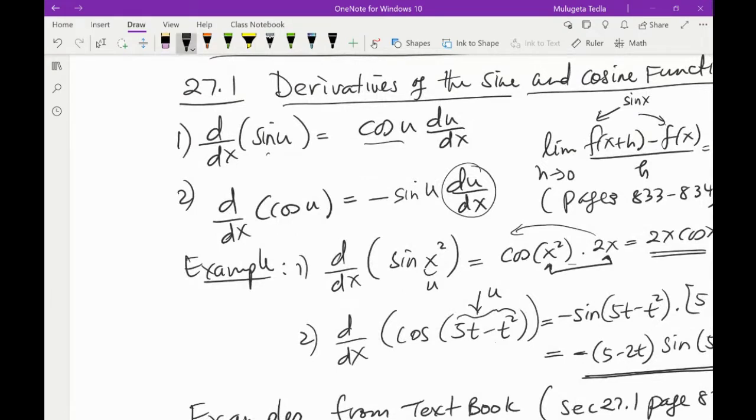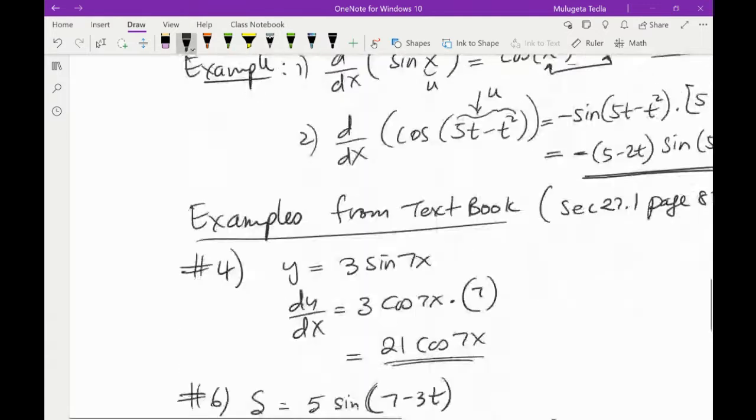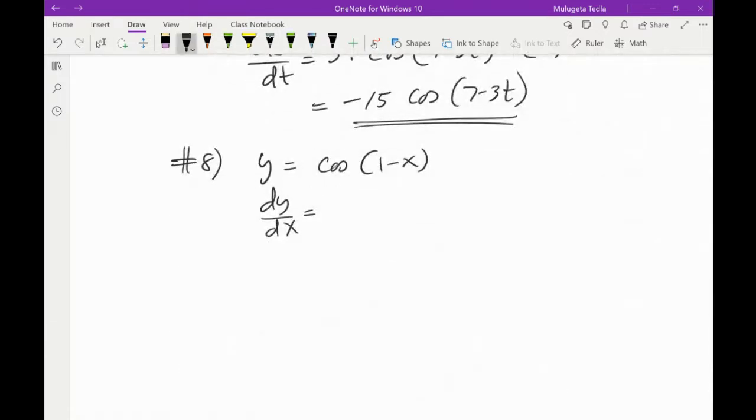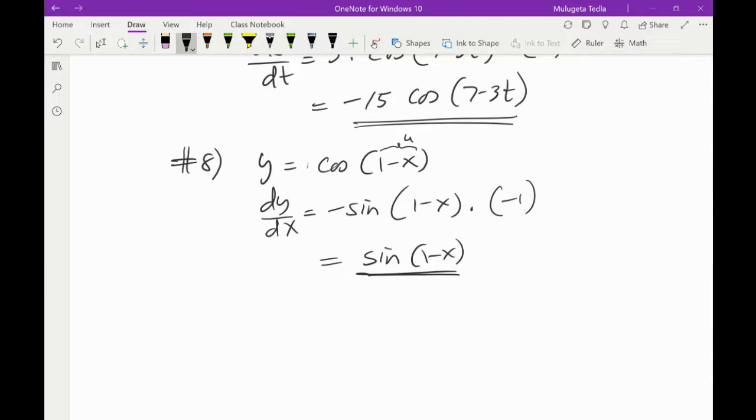First step, minus sine of the angle, and second step, multiply by du by dx. So minus sine of the angle, which is 1 minus x. This is your u. The angle is u. Times the derivative of the angle, which is negative 1. So it is negative 1 times negative sine of 1 minus x.